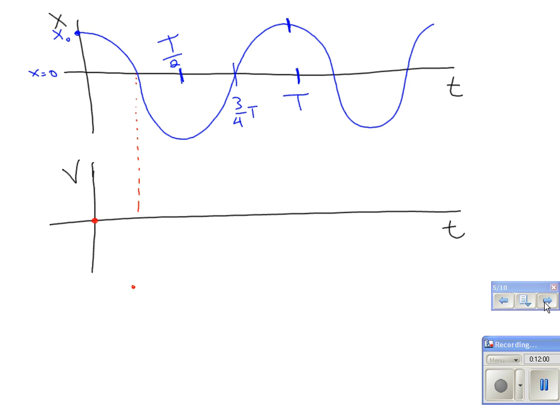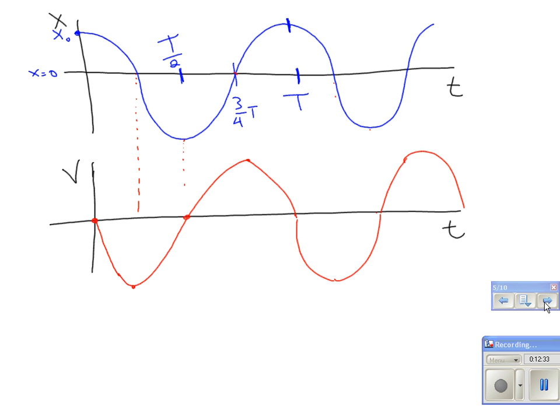And then when it gets to maximum negative displacement, what's my velocity? 0 again. And then here, maximum velocity. So what am I getting? A sine curve. And technically it's a negative sine curve, right? But it is a sine curve. Beautiful. And then here I'm back to 0, and then here I'm back to maximum and 0 and maximum and 0.